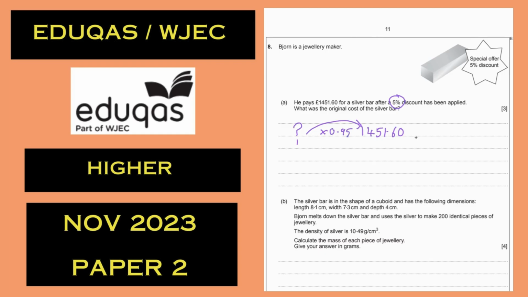But when you do not know the original amount, it's a reverse percentages question. So although we refer to it as a multiplier, you need to divide by your multiplier to work it backwards. Into your calc, it's £1,528.